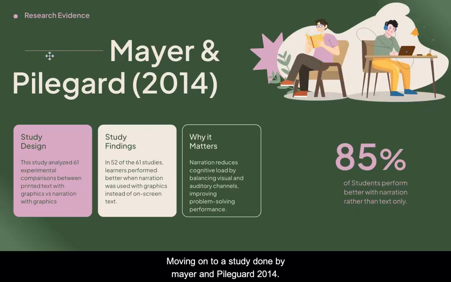Moving on to a study done by Mayer and Pilegaard, 2014. This was a large-scale review of published research articles that used topics across STEM and technical training, including environmental science, biology, and aircraft maintenance. The review found a median effect size of 0.76, showing a strong benefit of narration with graphics.